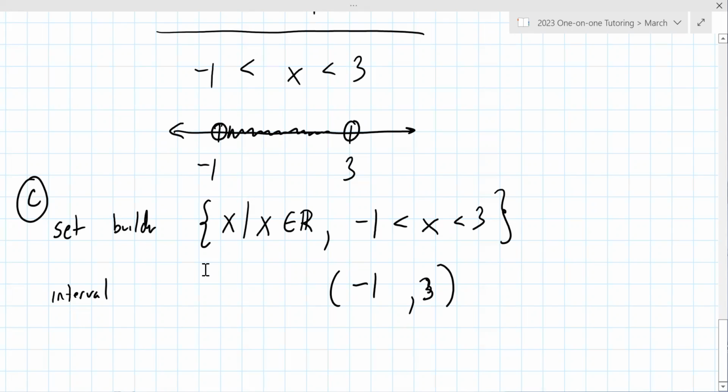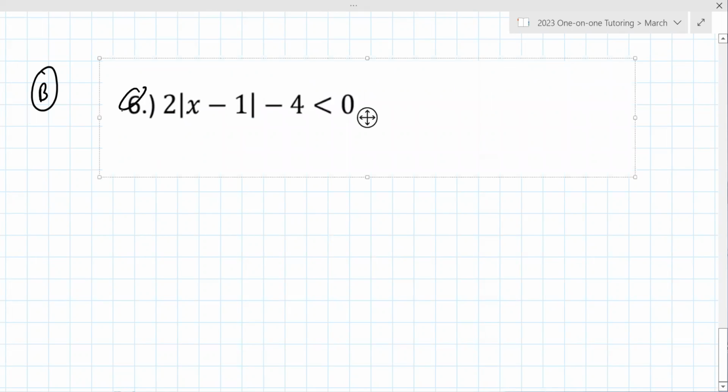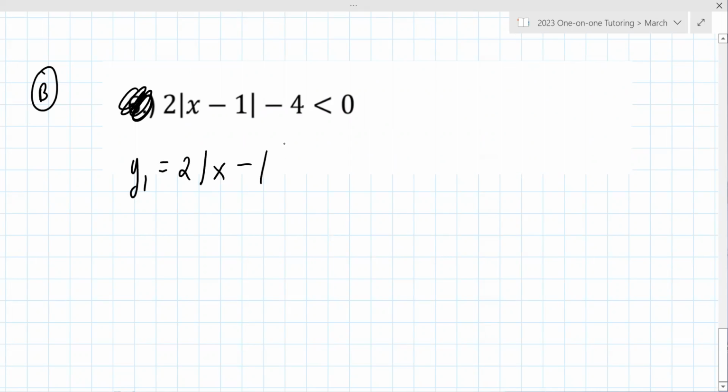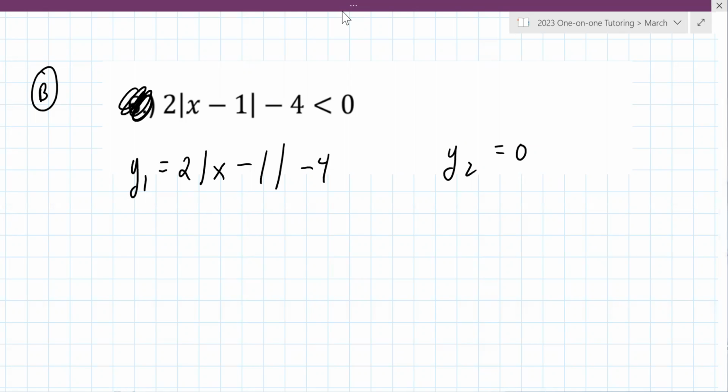Now part B is kind of odd. Again, this is not really correct, but I know I can't fix that. It's really odd, but it is common with this class. They want you to treat y1 as the left side, 2 absolute value x minus 1 minus 4, and y2 as the right hand side, which is 0.